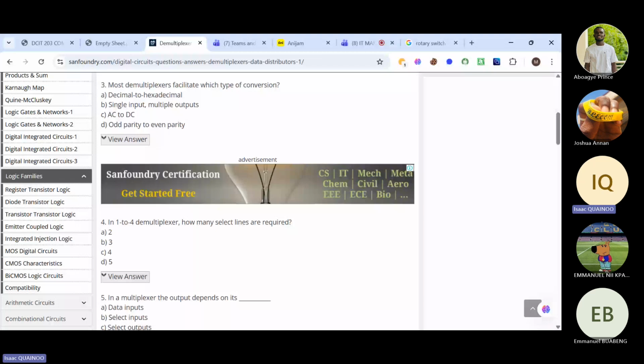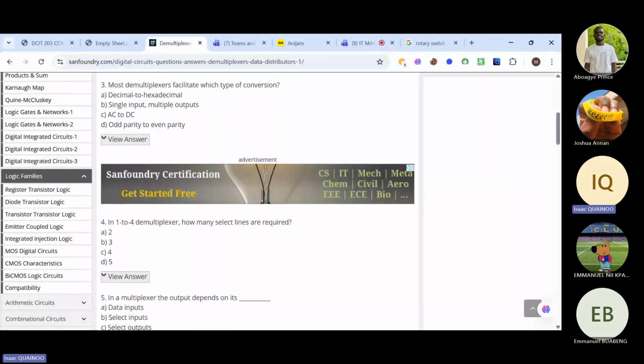And D, odd parity to even parity. I would go with B, single input, many outputs. A, C, and D are about decoders and encoders. Decimal to hexadecimal, AC to DC, odd parity to even parity, you are dealing with encoders and decoders.